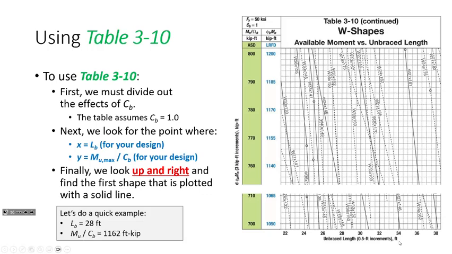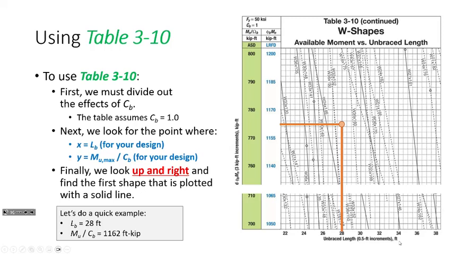Okay, so let's do a quick example. Okay, so I've got an Lb of 28 feet, and I have a moment of, we'll call it 1162. Just made up these numbers. So, boom, I find that point. Okay, so that's the point that has an unbraced length of 28 and a moment of 1162. Okay.